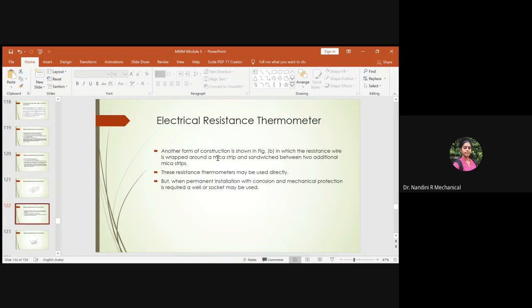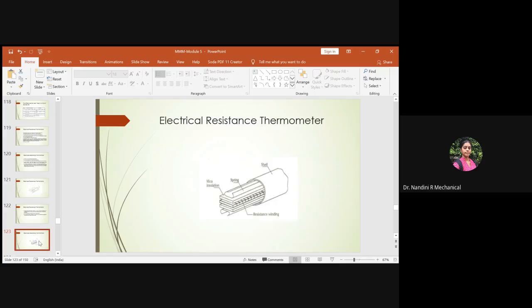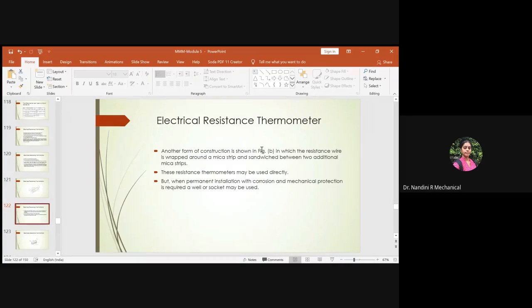The next type of construction is shown over here. What is this made of? The next form of construction is shown in figure B. Here the resistance wire is wrapped around a mica strip.